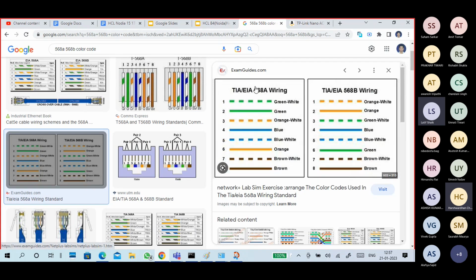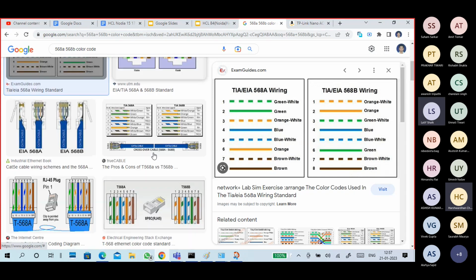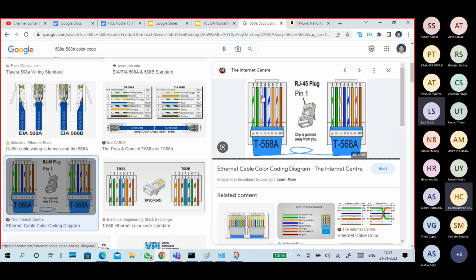I have to verify whether this one is correct. If you look here, white green means you take a cable like this. One side of the cable is this one, another side of the cable is that one. Both are the same, can you see? Both the same means it is a straight through cable. So white green, green, white orange, and the sixth one is orange.